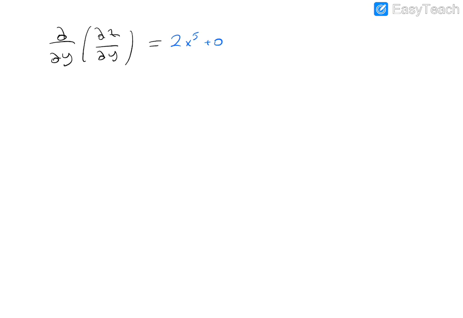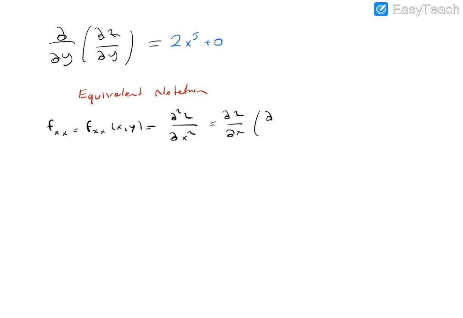So again, let's write our notations. So f sub xx is the second derivative of z with respect to x squared, or you can use this notation.